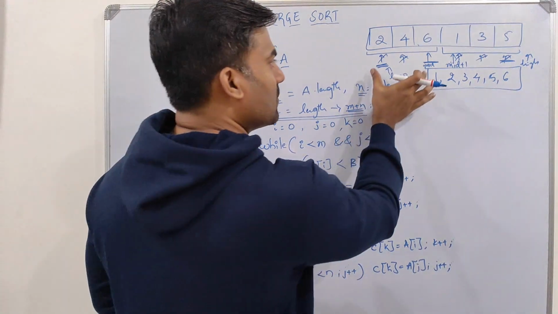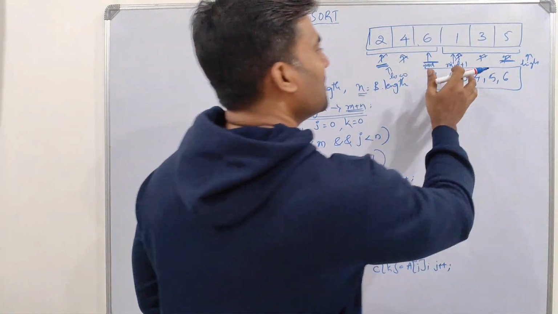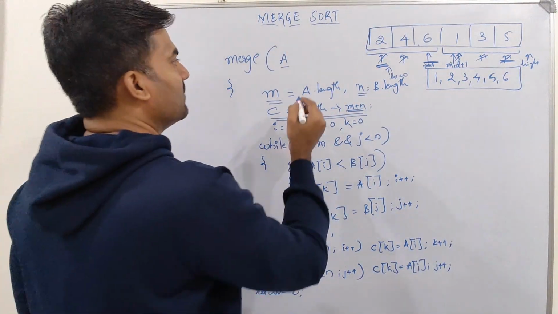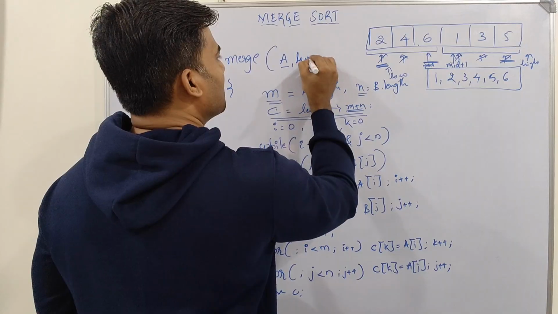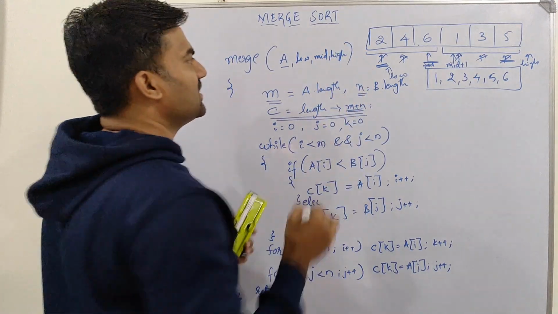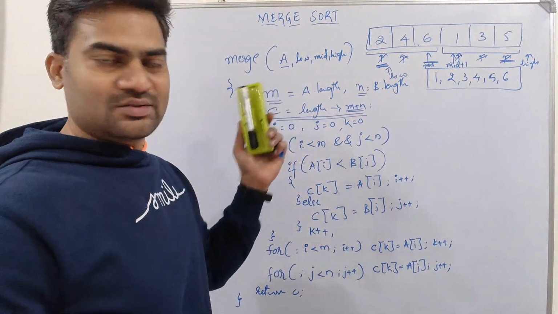So with this I will get to know, low to mid is my first array, and mid plus 1 to high is my second array. So I will pass low, mid, and high. These three parameters I will pass here in the same pseudocode.